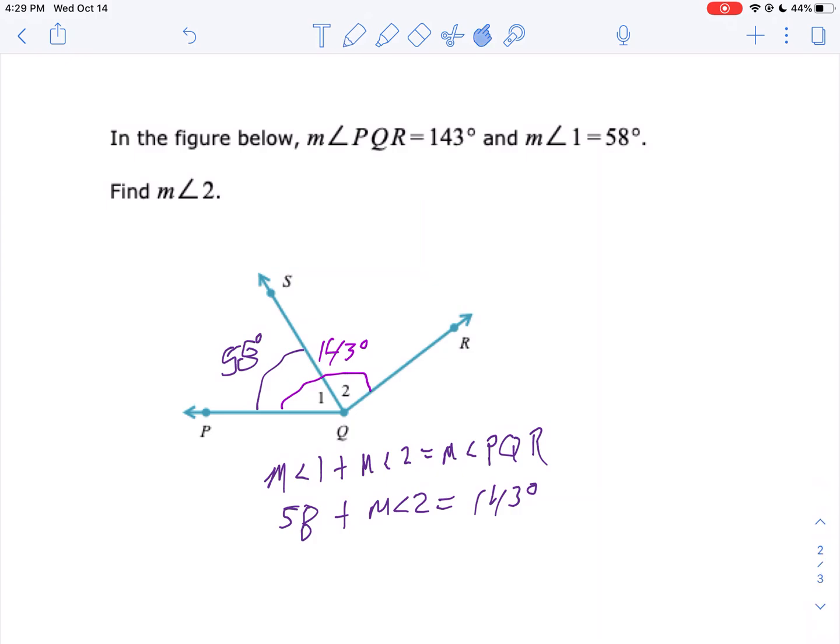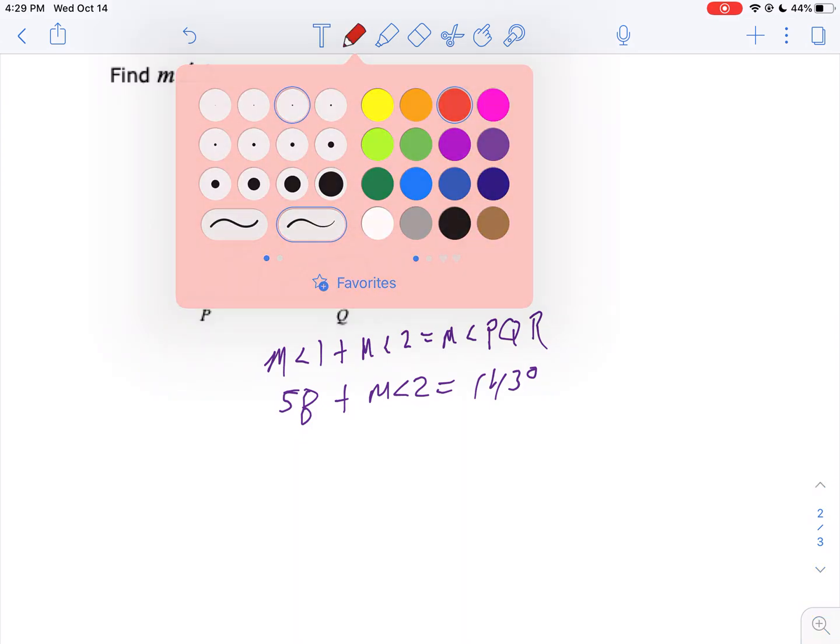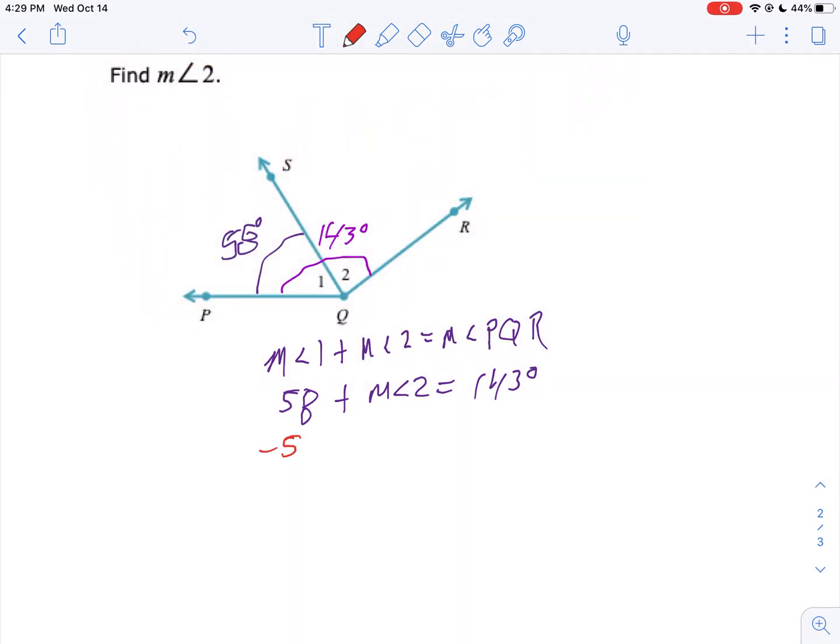Well, now we're just going to do the algebra. What do you have to do to get the angle 2 by itself? We have to get rid of the 58. So we're going to subtract 58 from both sides. And then we'll do the algebra. The 58 minus 58, they cancel.